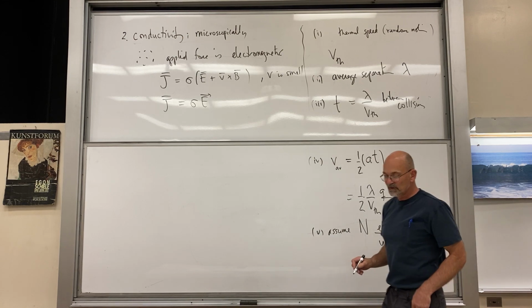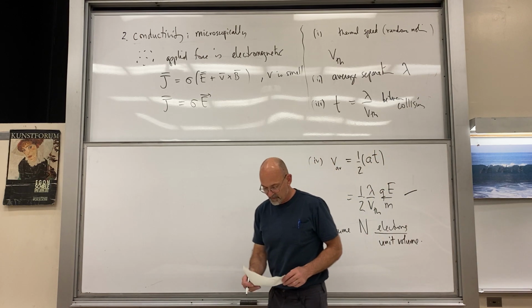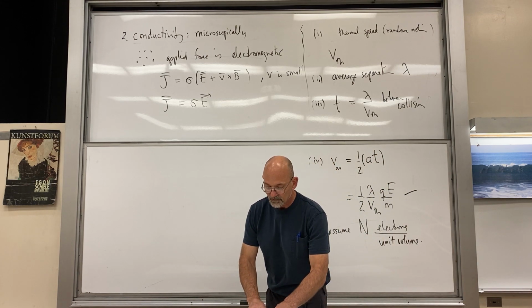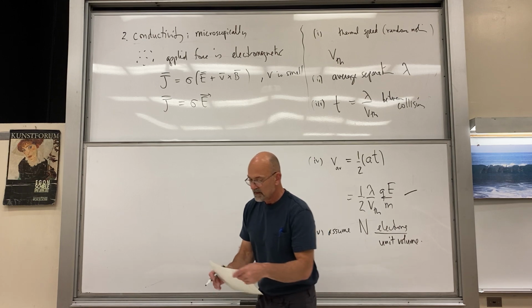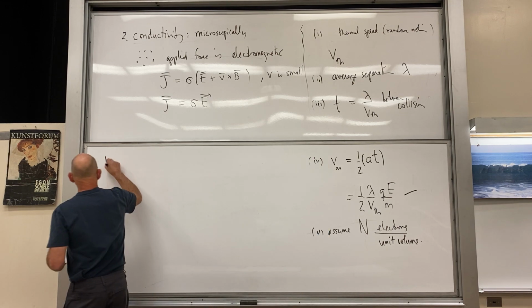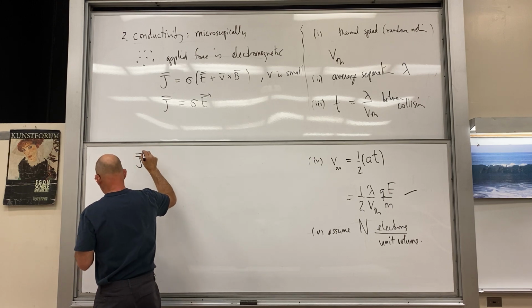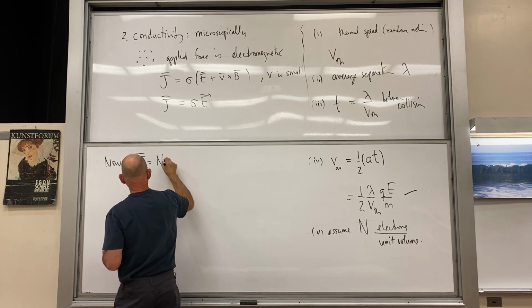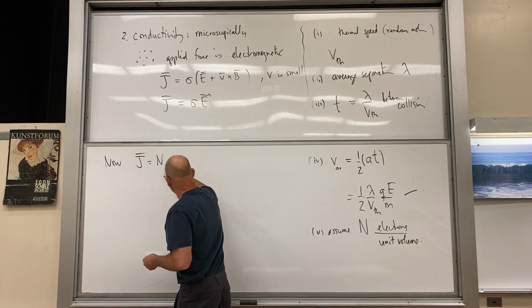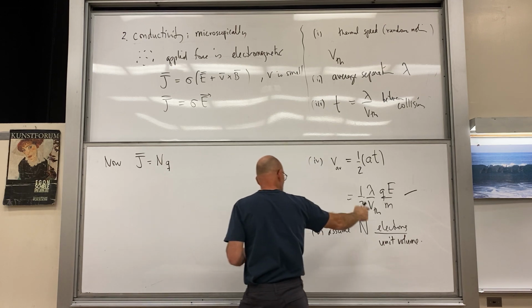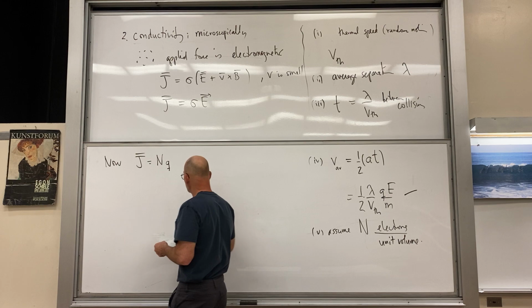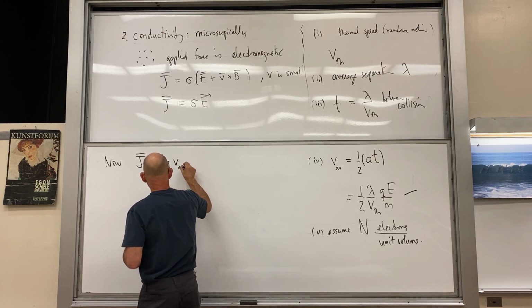And now we can construct this quantity. For our J, go ahead and give it the vector sign. We've got that n times Q, right? Number per unit volume times Q times V average.